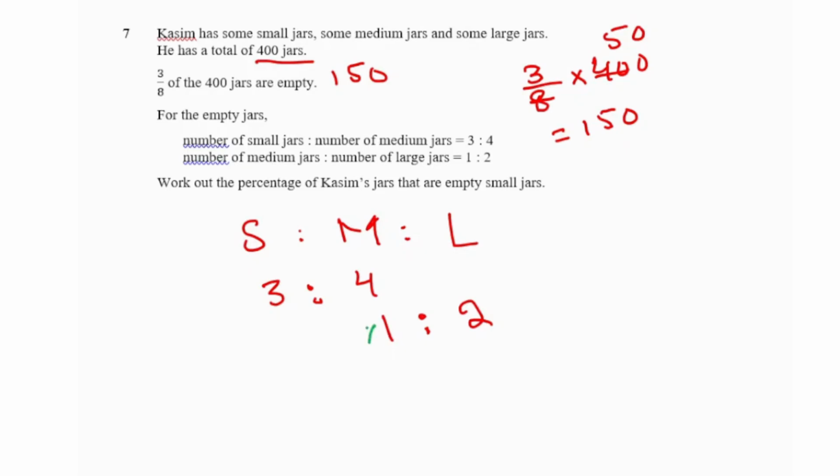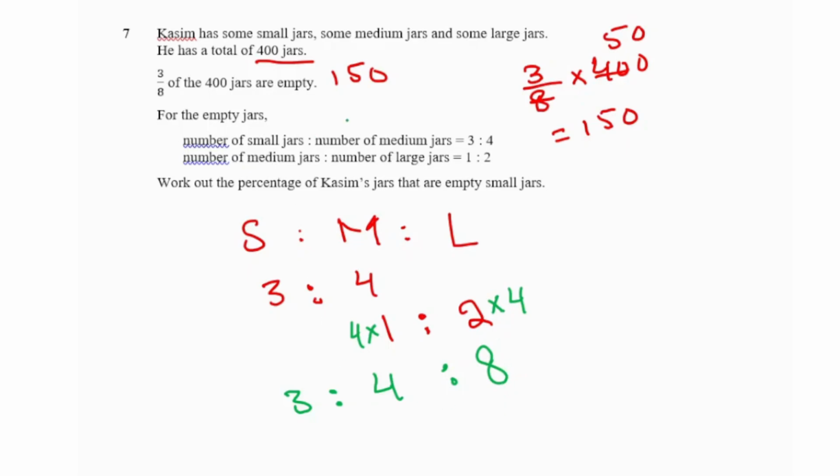If I multiply this part by 4, I need to multiply this one by 4 as well. So the ratio becomes 3:4:8. Small jars are 3 parts, medium are 4 parts, and large are 8 parts.